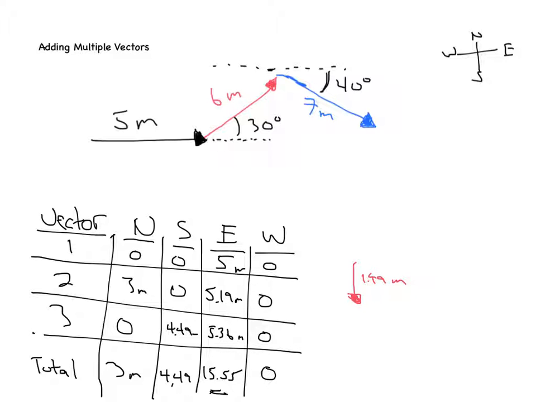This should be 1.49 meters south. The east vector is the only vector in the east-west direction, so we'd have an eastward vector of 15.55 meters.